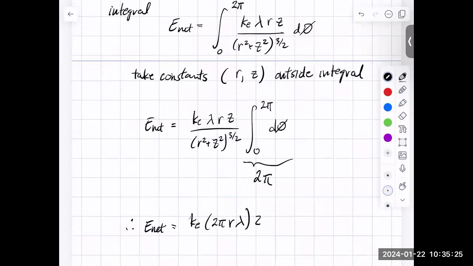Then there's still a z, and then there's a z squared plus r squared to the 3 halves. All right, so in fact, that's our final solution. But what is 2 pi r, the circumference of the ring, the total length of the ring, times lambda, the charge per unit length?